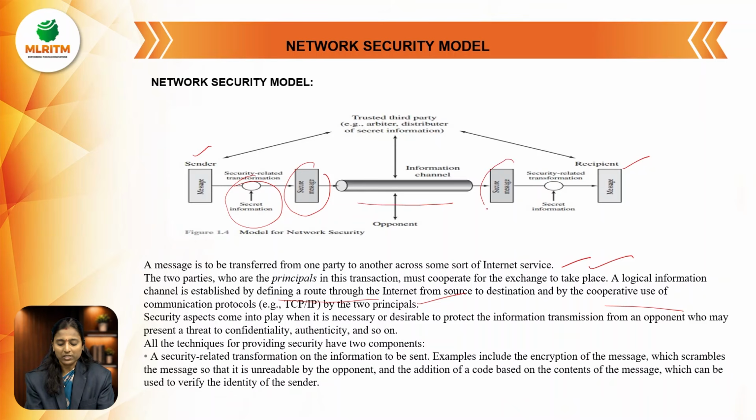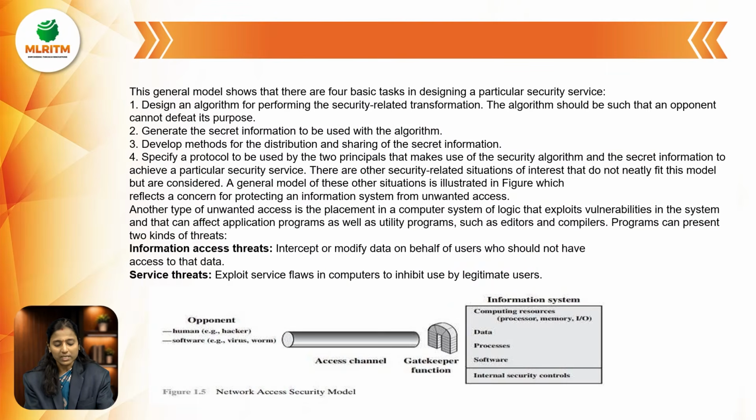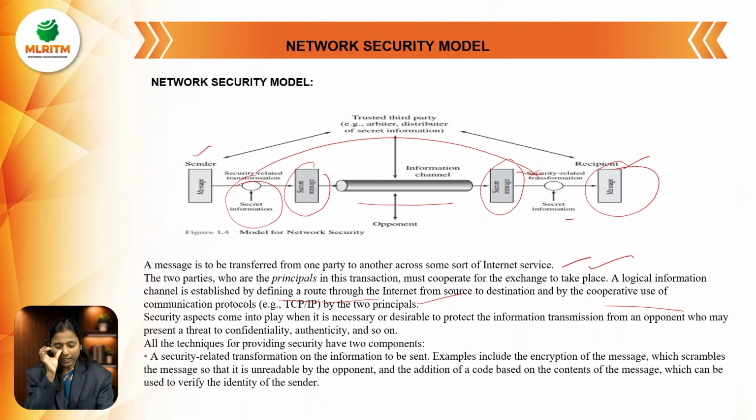Then next, the messages will be sent here. Then the security information will be transferred to this one. Then the message is received. When the sender is sending information, it will be sending the data using this trusted third party.